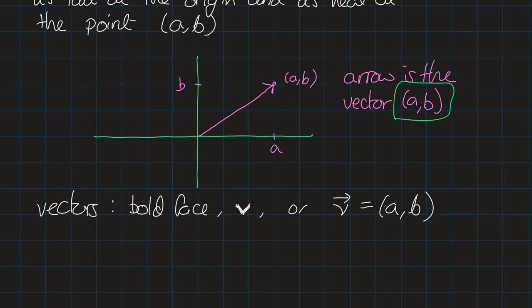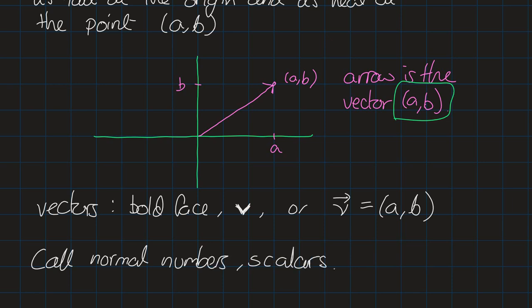Also, when we talk about vectors in the context of the vector universe, we call normal numbers scalars. And we tend to denote scalars by lambda or mu or s or whatever.